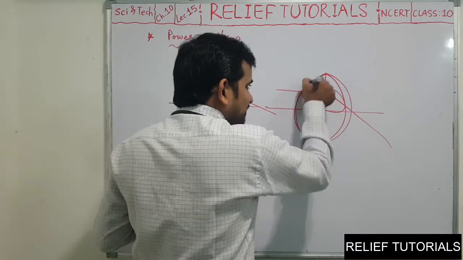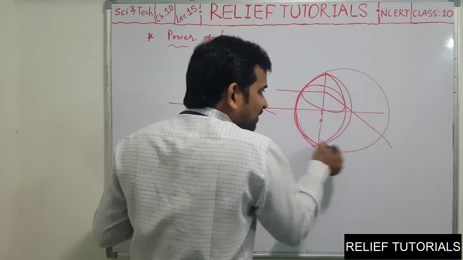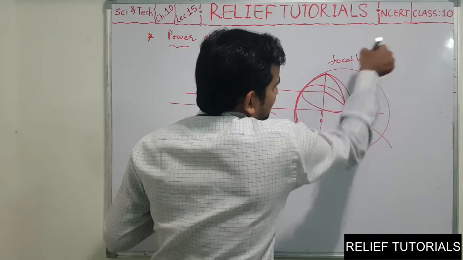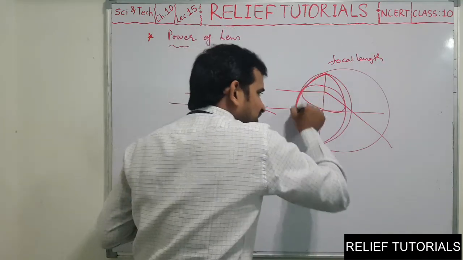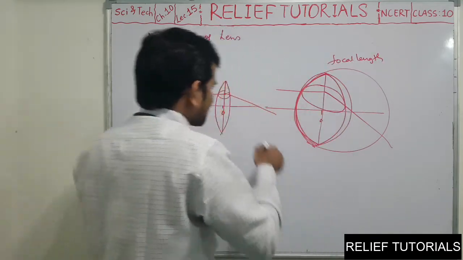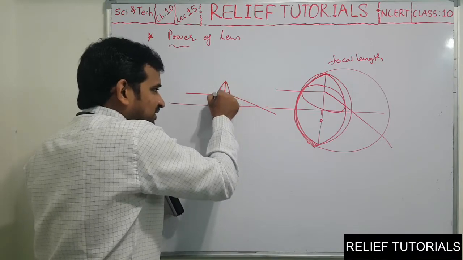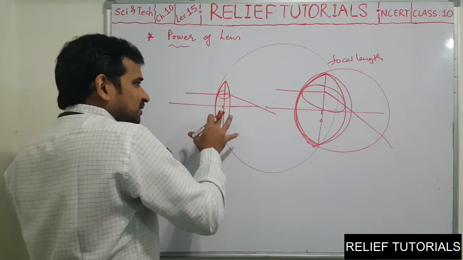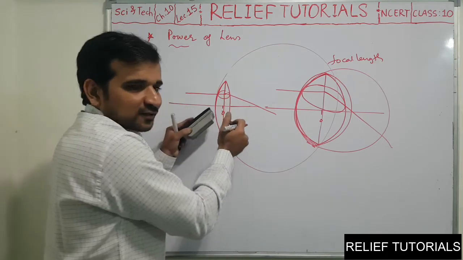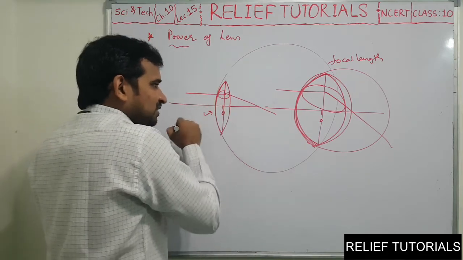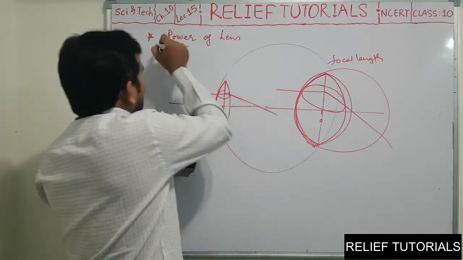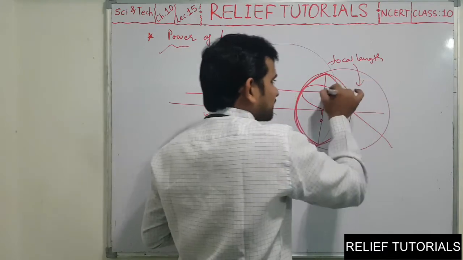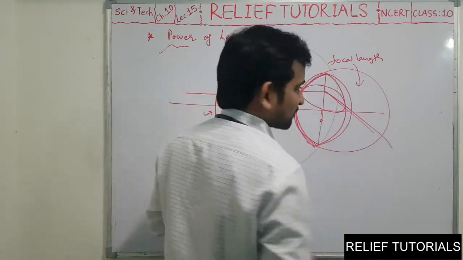Remember, more is the intensity of curve, smaller is the focal length. Less is the intensity of curve, larger is the focal length. So as the focal length is larger, refraction is less, so power is less. And as the focal length is shorter, refraction is more, means power is more.